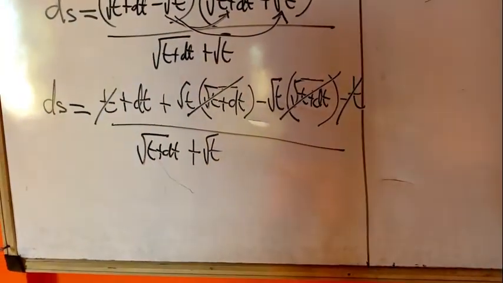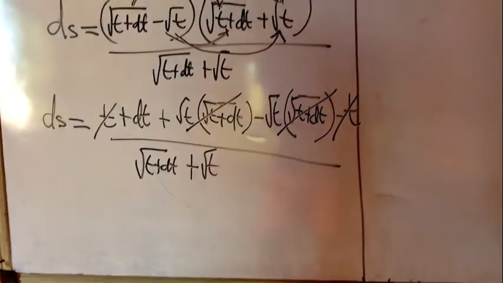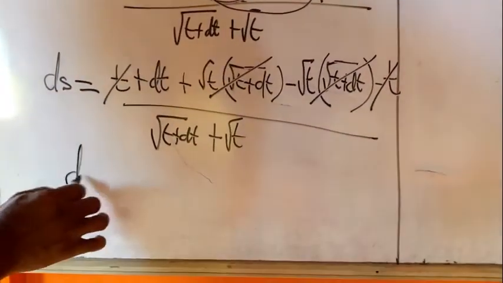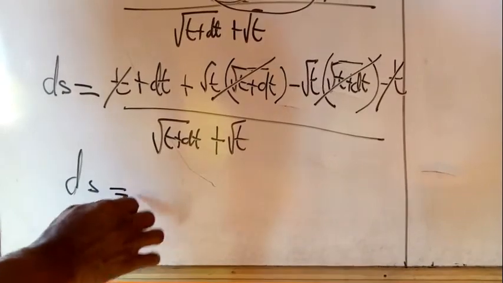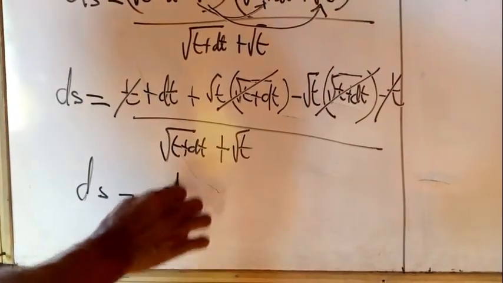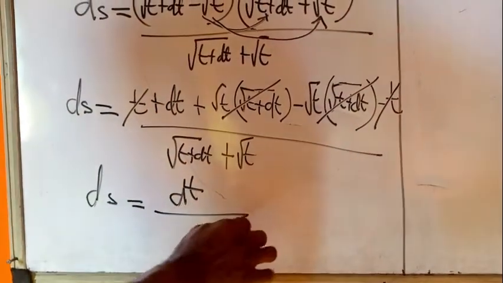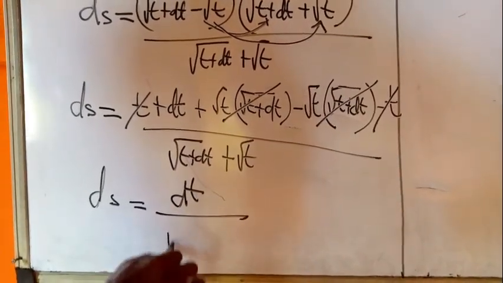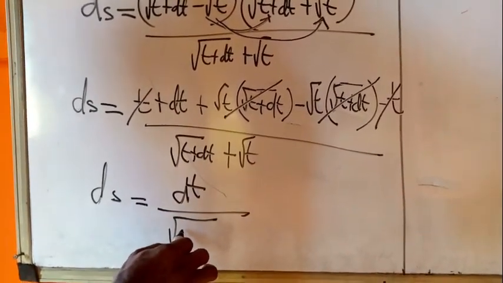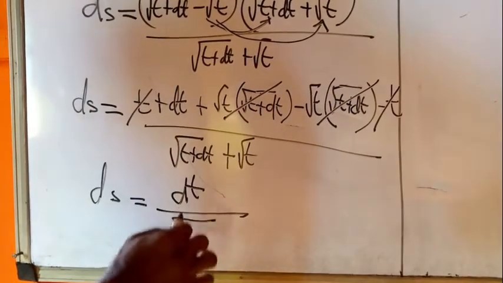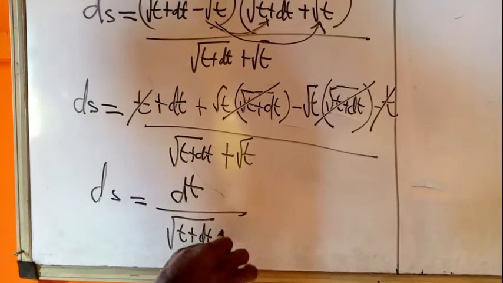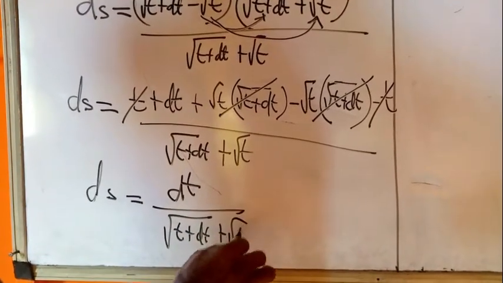So check it very well what you are going to have. You are going to have the δx is equal to dt all over root t plus dt plus root t.